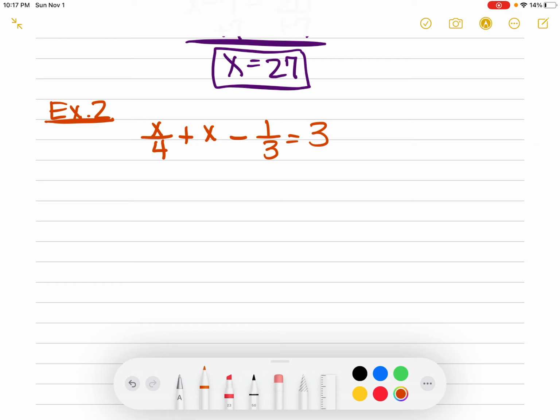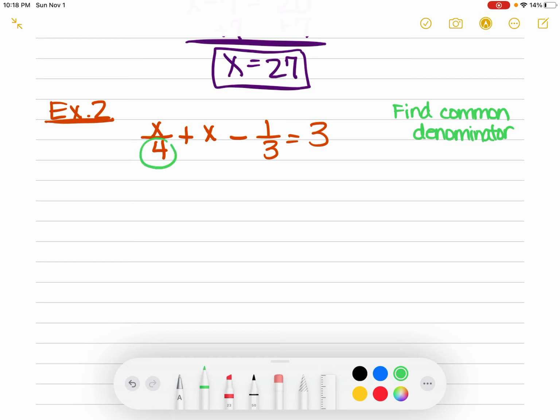Okay, so I'm going to show you how to get rid of those fractions, and then you don't even have to worry about it anymore. Okay, first you're going to find what I would call a common denominator. Okay, we're not going to make it the denominator, but I want you to find it.